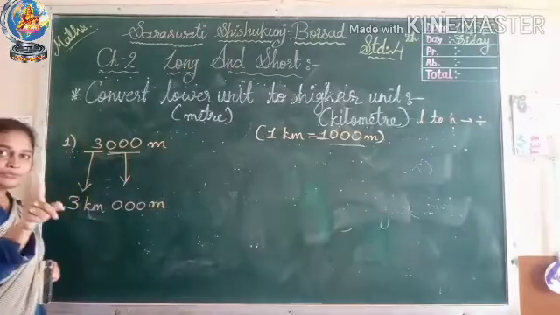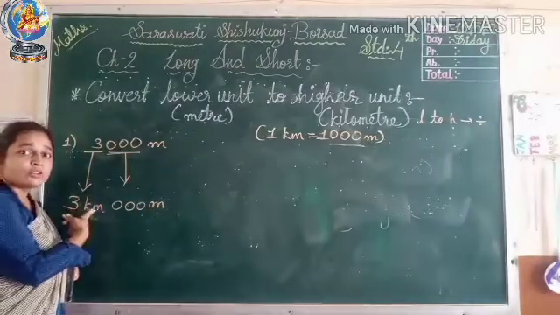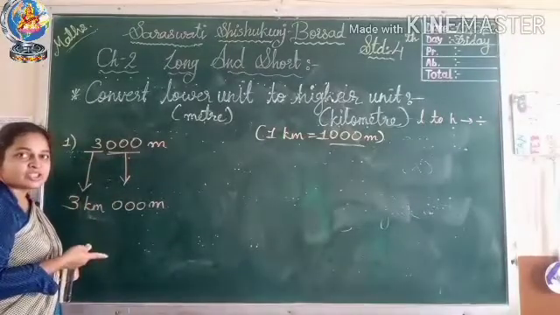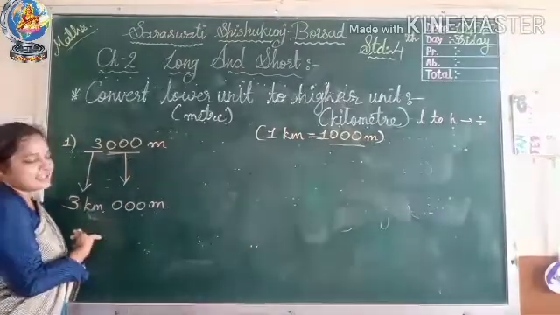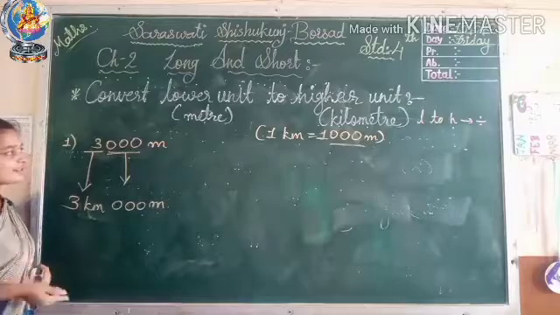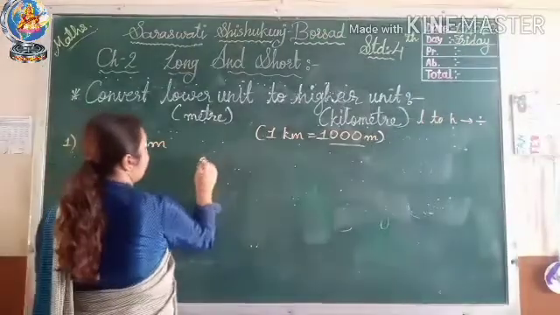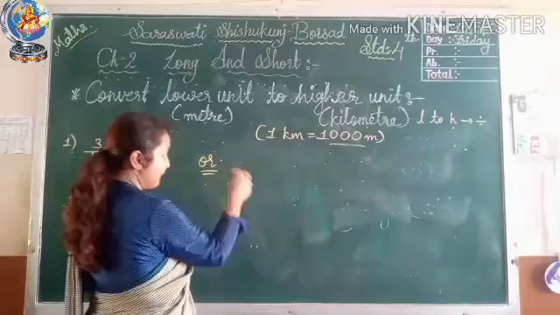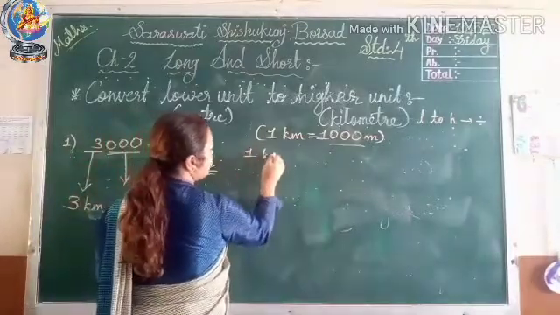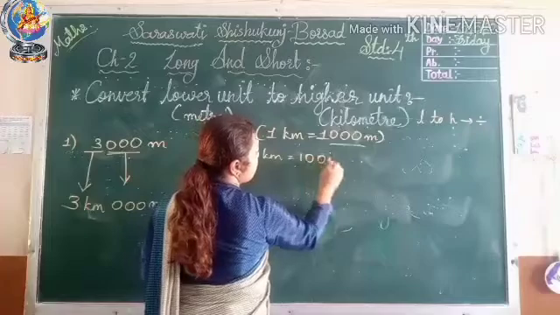So this is your first method to solve lower to higher unit. If you remember, we did this in third standard when we were converting paisa to rupees. Or another method is there, that 1 kilometer is equal to 1000 meter.